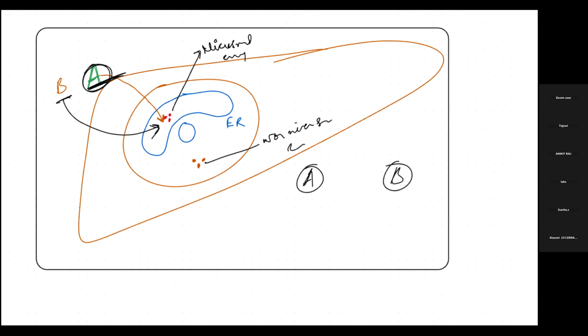For fever you gave paracetamol, and for diarrhea you gave an antidiarrheal drug. Let's suppose this B can be metabolized only by the microsomal enzymes, but A has deactivated it. So what will happen, B won't act.